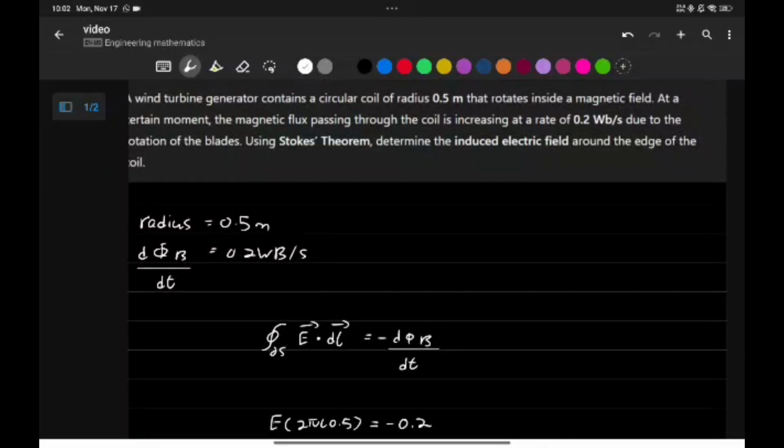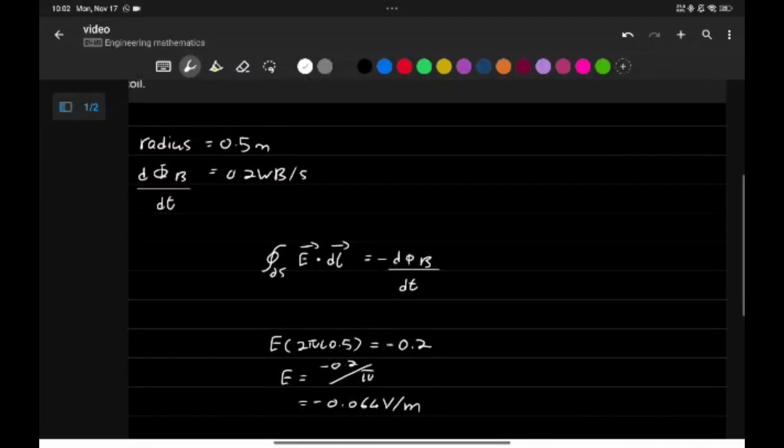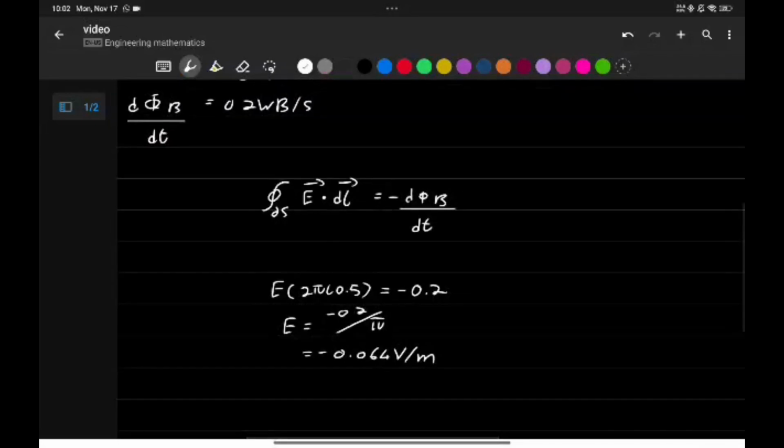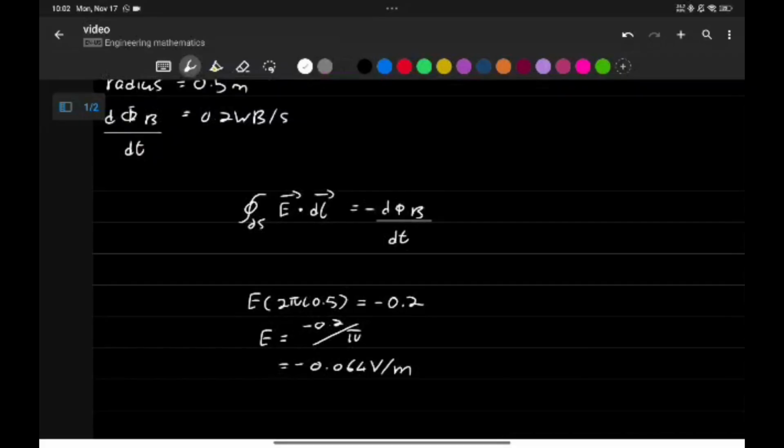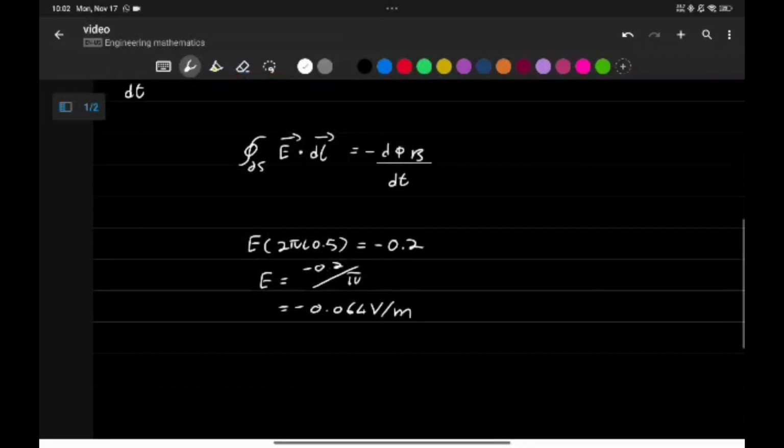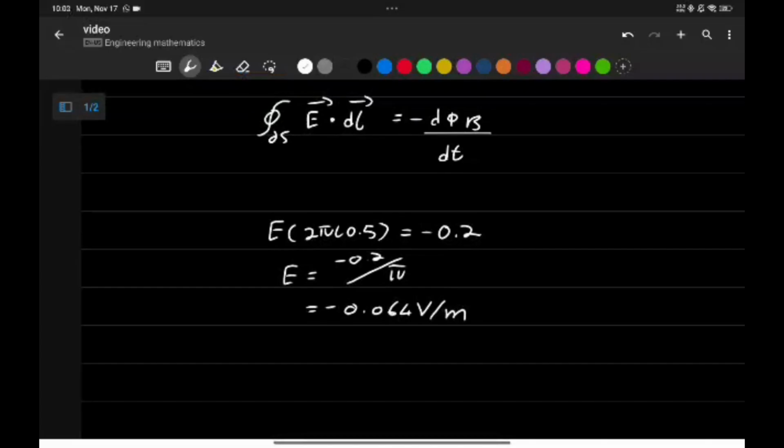We are given the radius and the rate of change, so we can directly apply the values in the equation. Using simple calculation, we get the circulated electric field, which is 0.064 volt per meter around the coil.